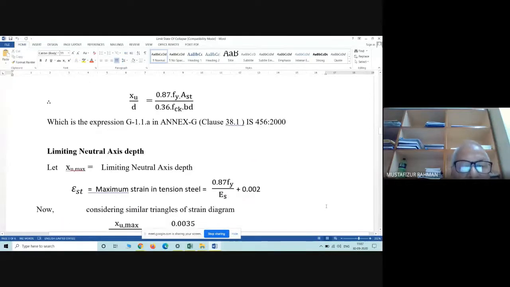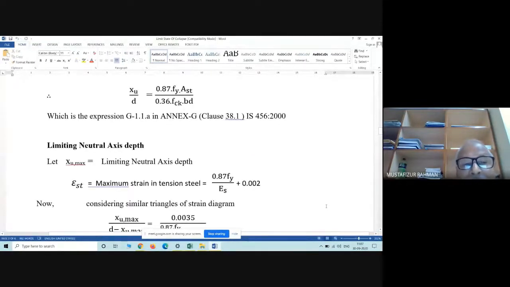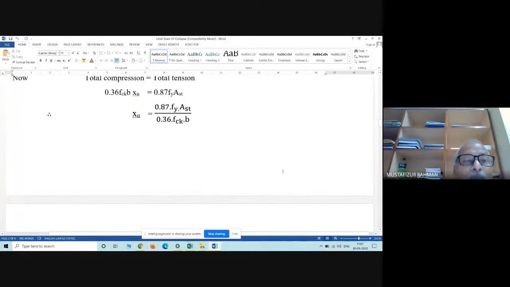Now see here. That's why it is called the limiting neutral axis depth. Now this xu is the actual neutral axis depth. Before this we had called it the neutral axis depth. Now onwards we will call xu the actual neutral axis depth. So when there is an actual one, there may be some other values also.